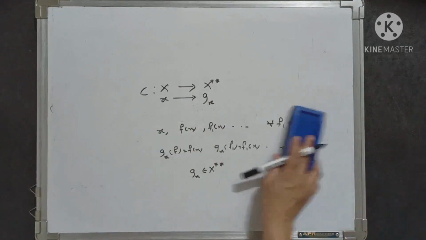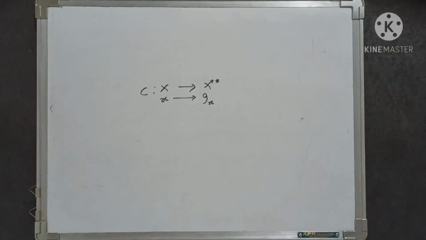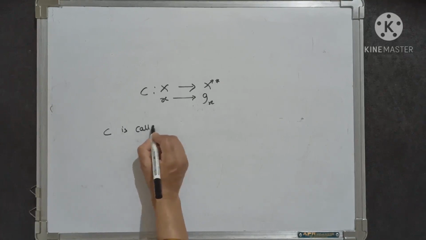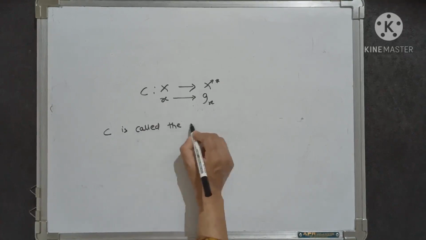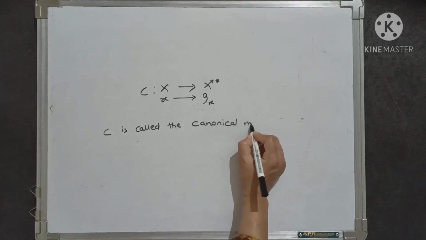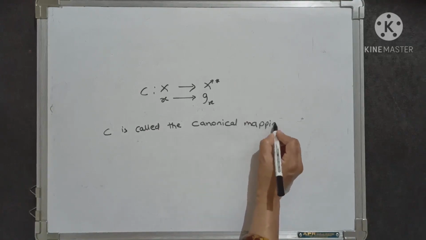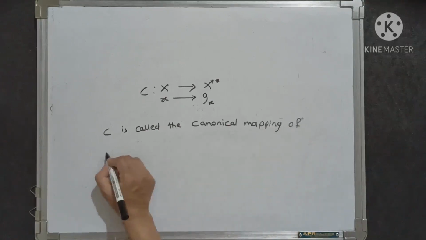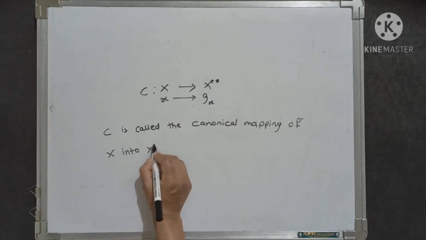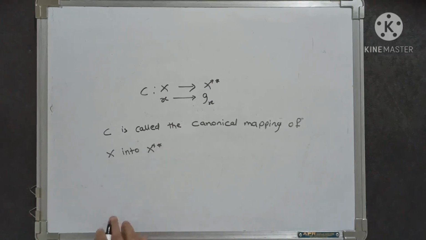This mapping C is called the canonical mapping of X into X double star.